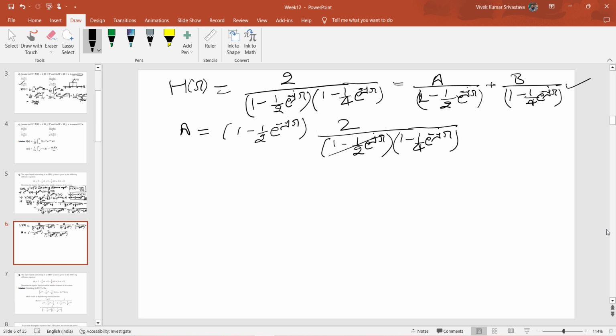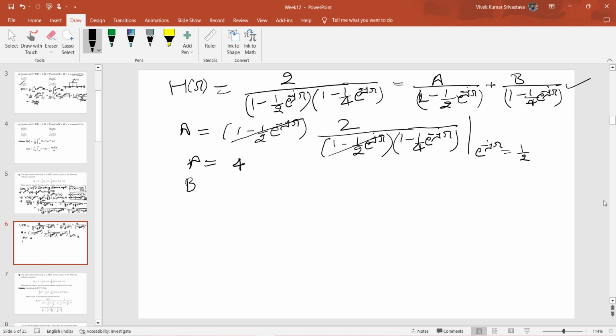So this factor will cancel out, and now we can put the value of e raised to the power minus j rho here. After solving you will get the value of a as 4.